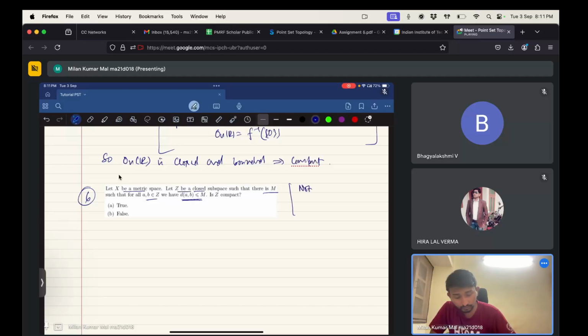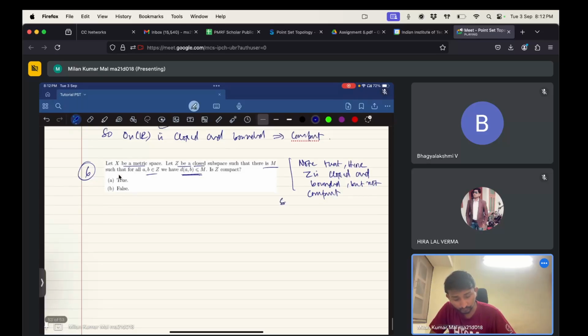So note that here Z is closed and bounded, but not compact.